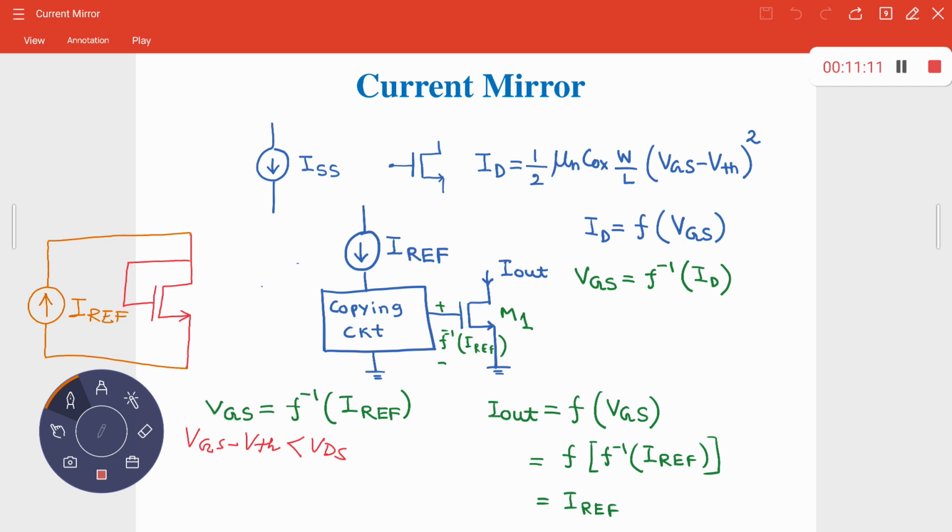Then under this condition, what will be the relation between this I reference and this particular voltage, say gate to source voltage or drain to source voltage? How does it vary?